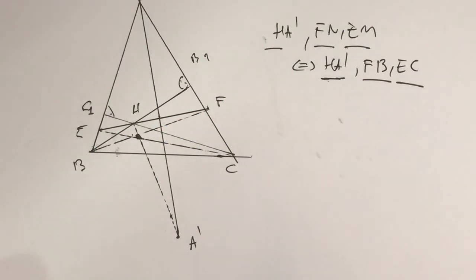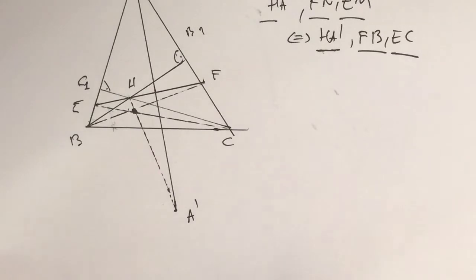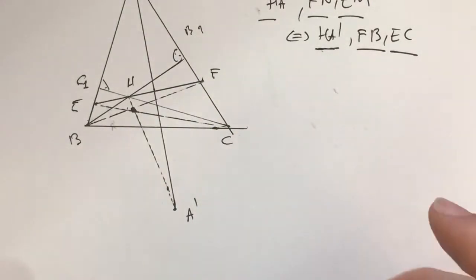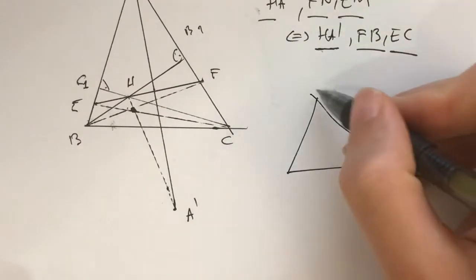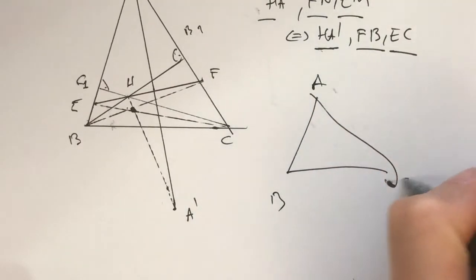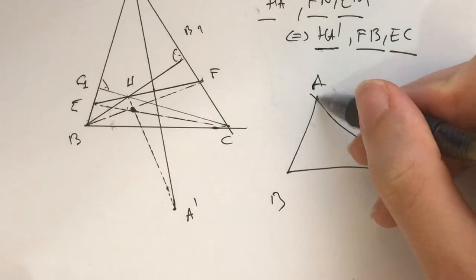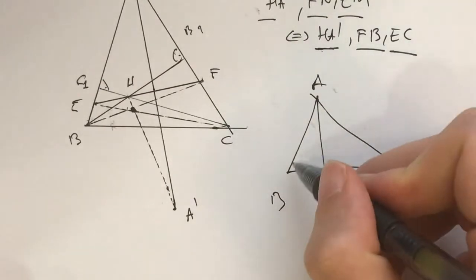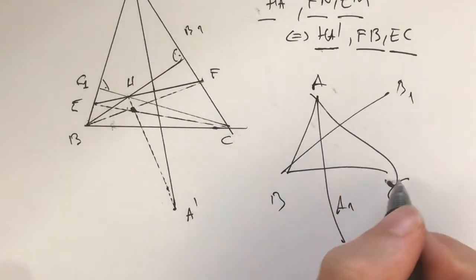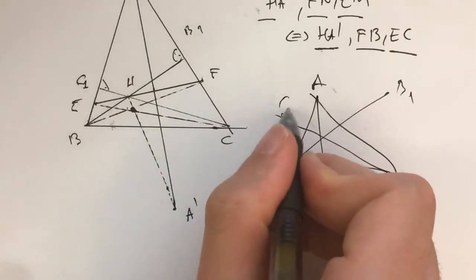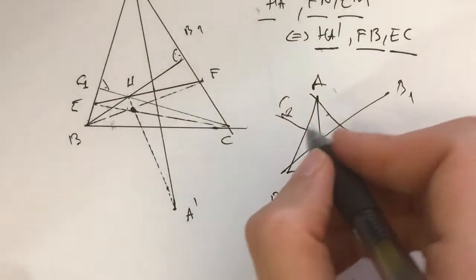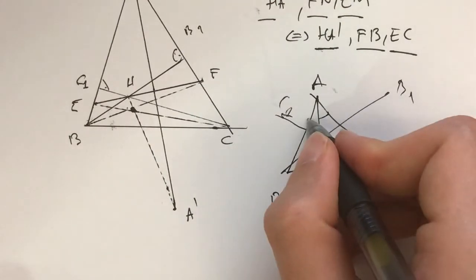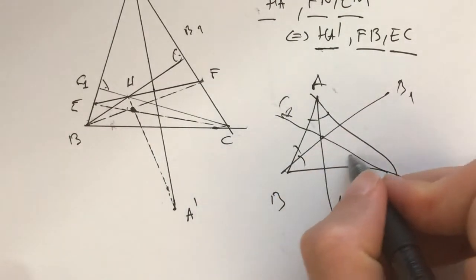Well, there's a tool for this, and it's a trigonometric tool. That's the easiest one to really do here. And it's called the trigonometric Ceva. Namely, if you have a triangle ABC, and lines AA1, BB1, and CC1, they concur in the same point if and only if the sines of these angles multiply to 1.